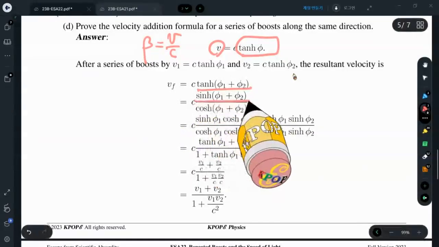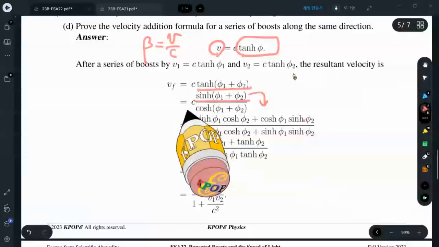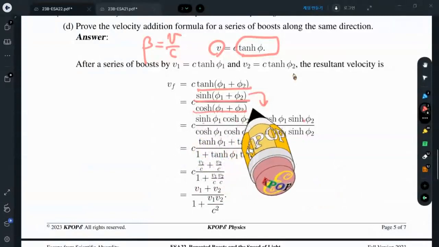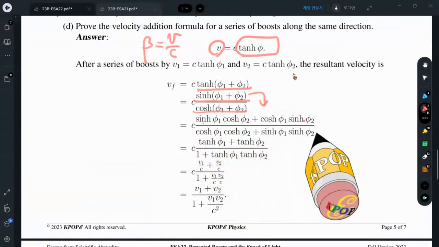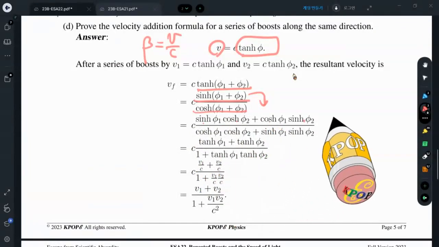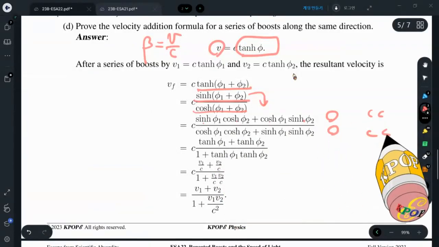You can expand this in terms of phi 1 and phi 2. It's too busy, so let me divide the numerator and denominator by cosh phi 1 cosh phi 2.